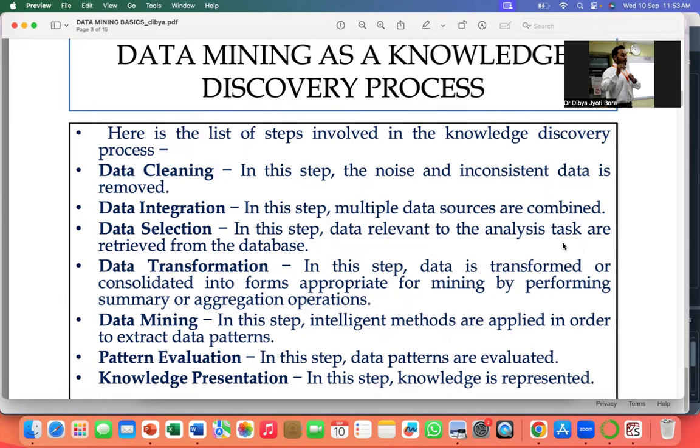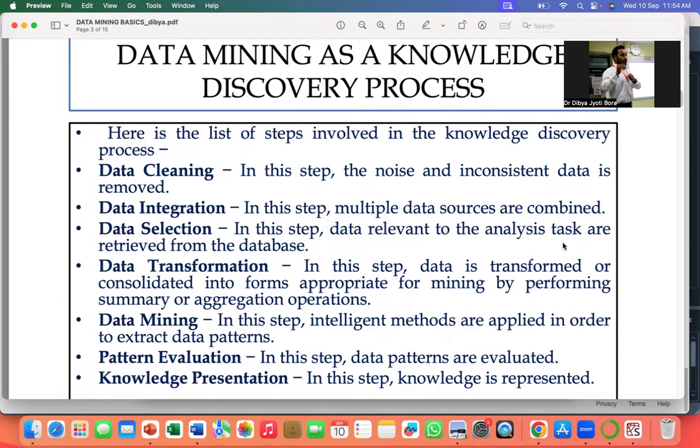So we have to find out what data are relevant to our decision making process, our current analysis process, right? And thereby we select only the relevant data from the data set we have collected from multiple sources. So that's why this step is known as data selection.